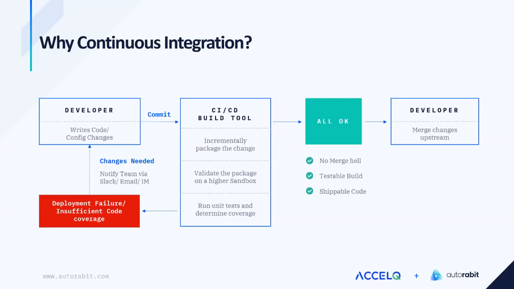heavy lifting. So we want it to package the change. We want it to validate the package on a higher sandbox, run these unit tests and our static code analysis to determine automatically if it passes certain levels of quality that we need to see in these changes. Now, if that does not pass, we want to fail that and we want to notify people.